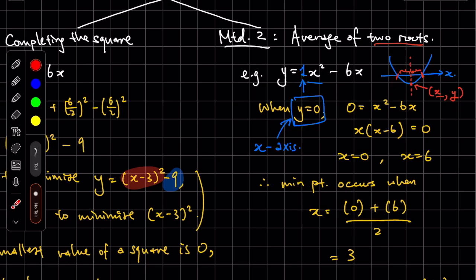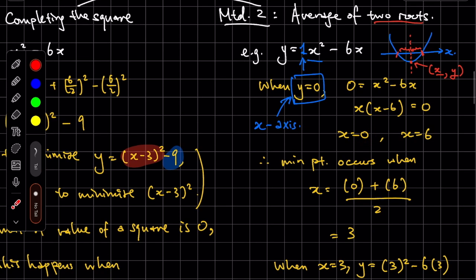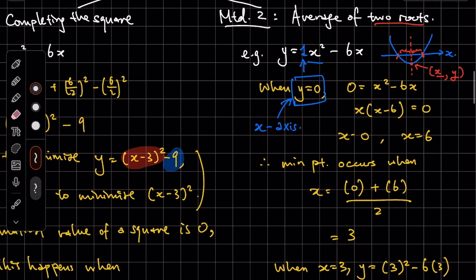So what is the middle? Whatever these are, positive, negative, decimal, fraction, square root, I don't care. They're just numbers. So this number plus this number, I put in brackets, over 2. That is the average.